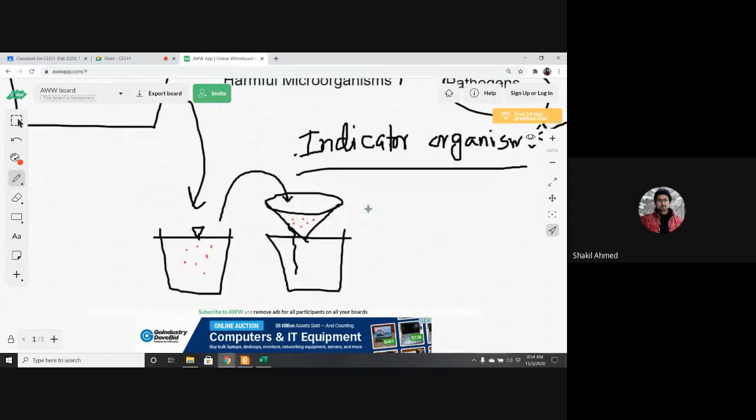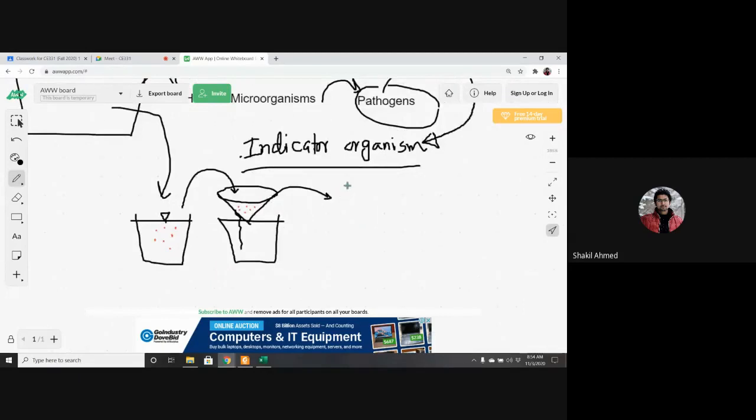Fine. Now you take this filter out and keep this filter in a controlled environment.